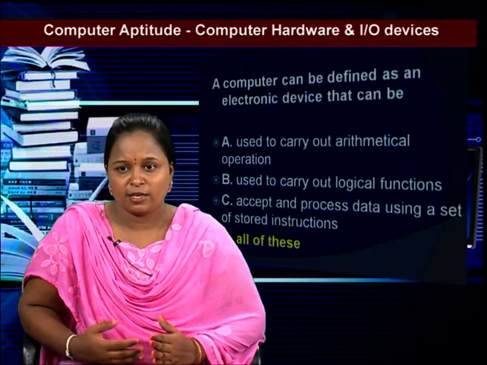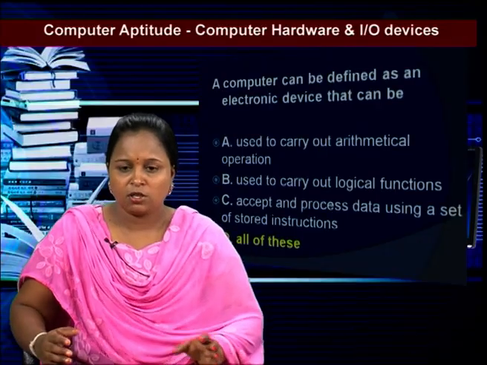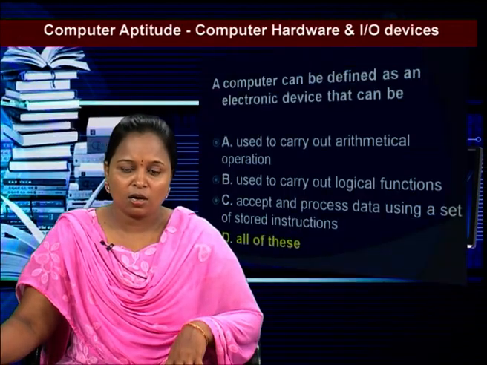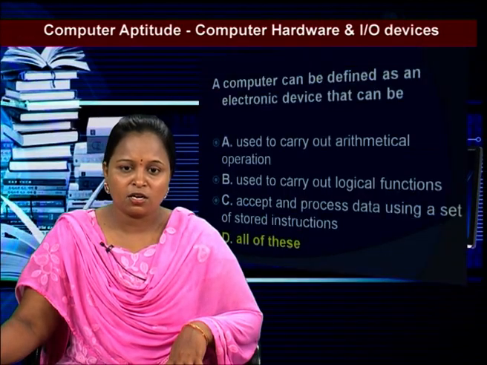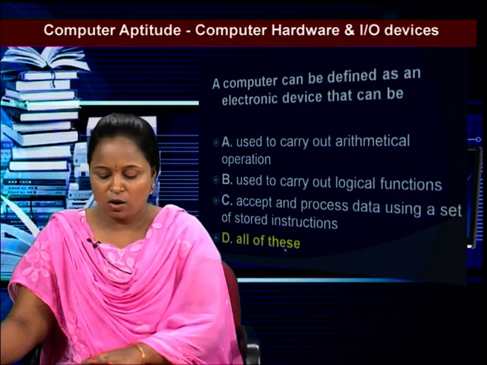For example, a set of programs is called one software, one application; that is the instructions. Next, use it to carry out logical functions. Logical functions means functions with some logic, and on that logic it is carried out by a CPU. It is an electronic device. So all performing actions is correct, and the answer will be all of this.